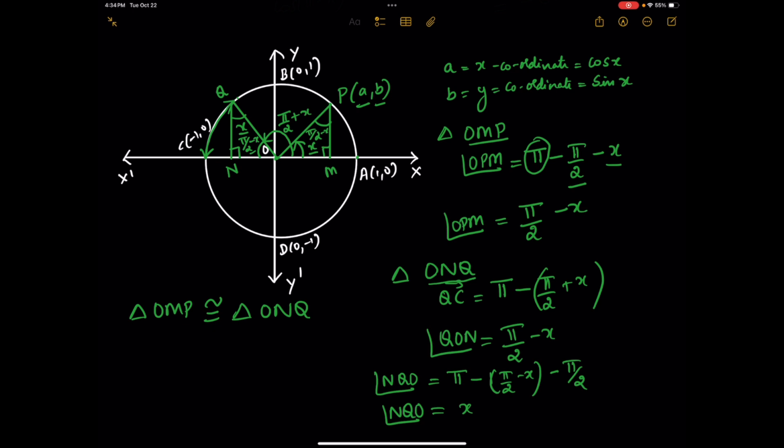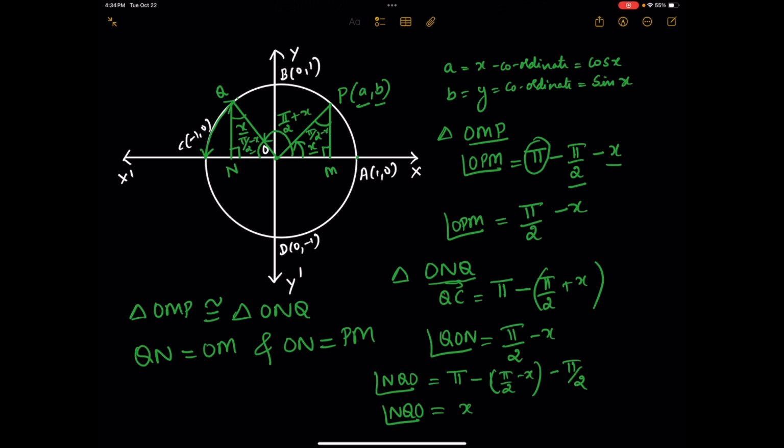Now, because the angles formed are in different positions, here the angle formed is on the x-axis, and here the angle formed is closer to the y-axis line. So here we would have QN equal to OM and ON equal to PM.